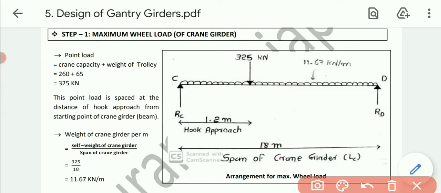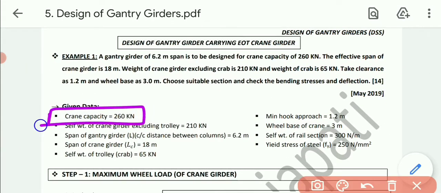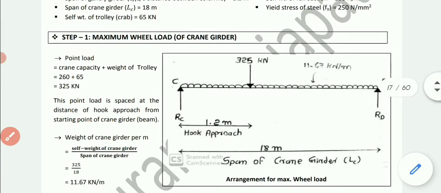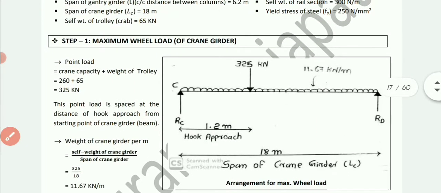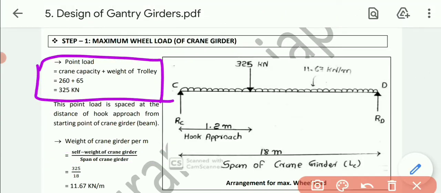Point load equals crane capacity plus weight of trolley. Crane capacity is 260 and weight of trolley is 65. So let's do the summation of those two. Crane capacity 260, weight of trolley 65, answer is 325 kilonewton. So this one is our point load.